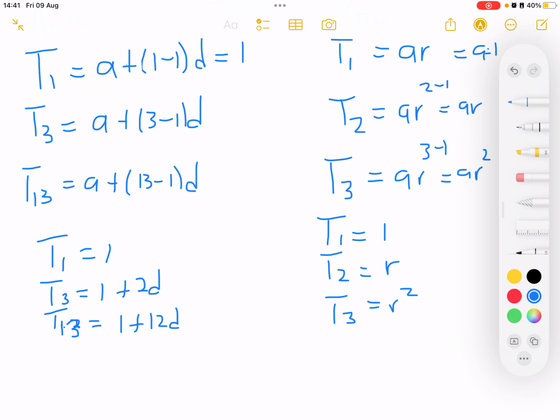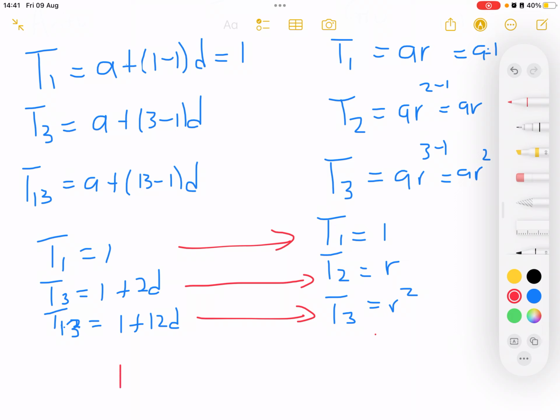We have said that T3 goes with this one, T13 goes with this one, T1 goes with this one. This is arithmetic, this is geometric. So this means T3 of arithmetic is equal to T2 of geometric.